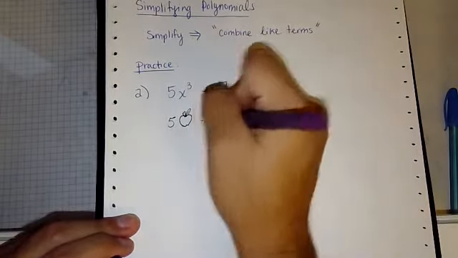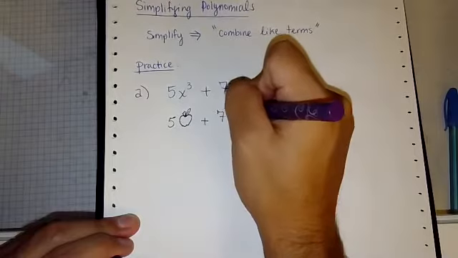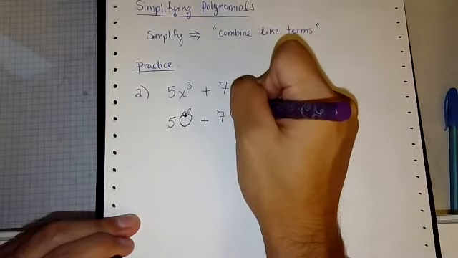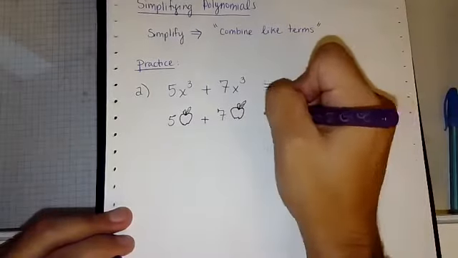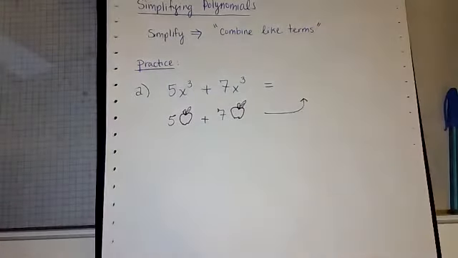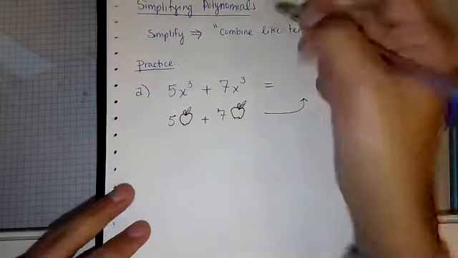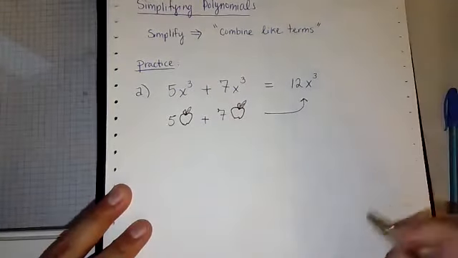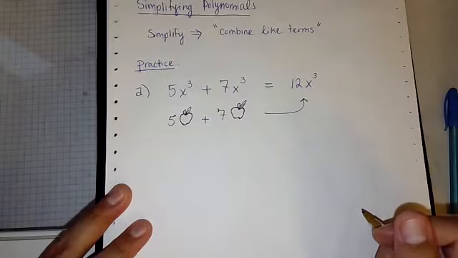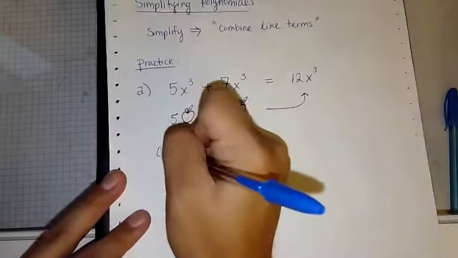And if I add 7 apples, well, how many apples do I have in total? 12. Yeah, so I'm just going to have 12 x to the third power. So that's going to be a caution, right?